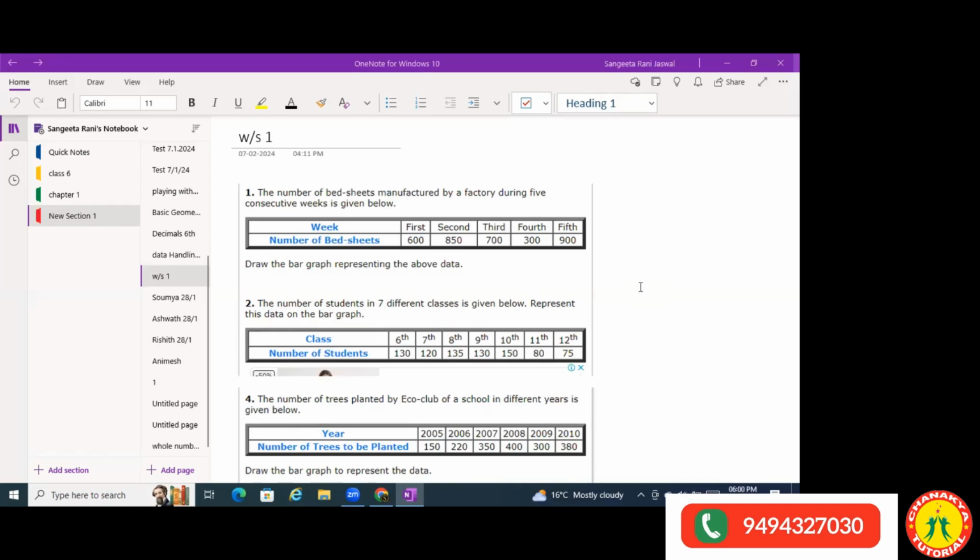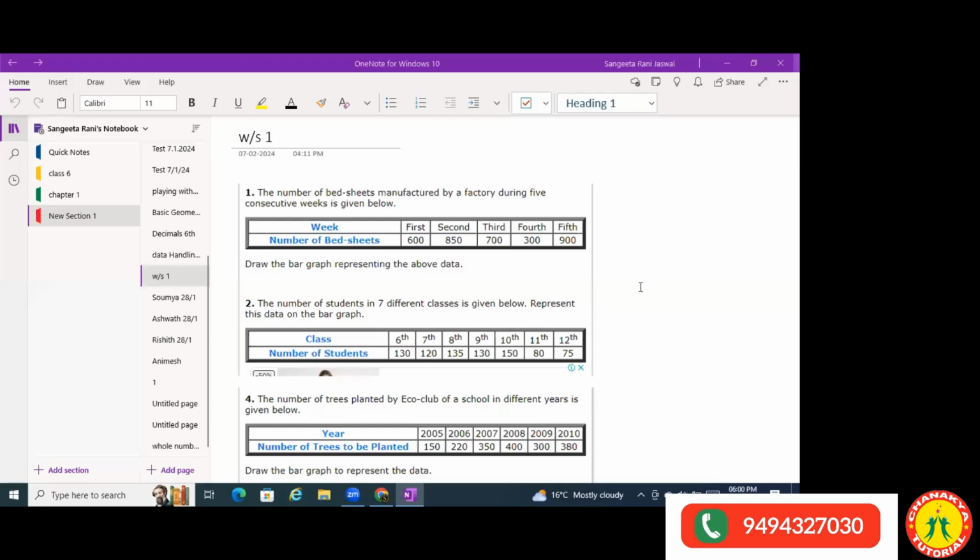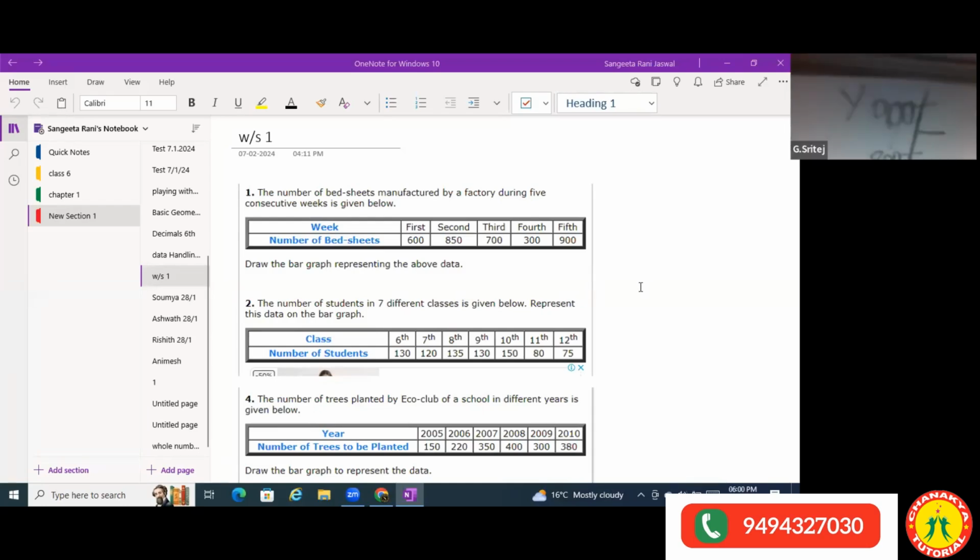Sritej, have you written the scale? Ma'am, can you see my screen? Ma'am, I wrote X here. No, I can't see the scale you have written. I can see the graph. No, this is not the scale, beta.